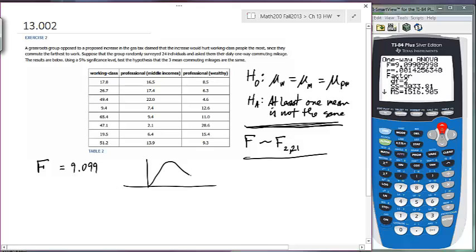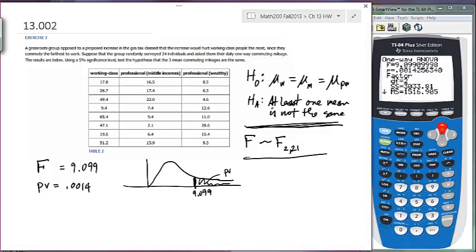This is kind of like the chi-square distribution. It's a right-tail test, and we have 9.099 over here, and the area over here is your p-value. The p-value is 0.0014.